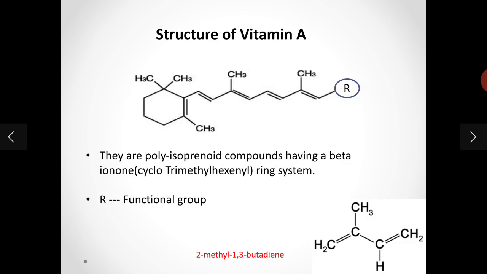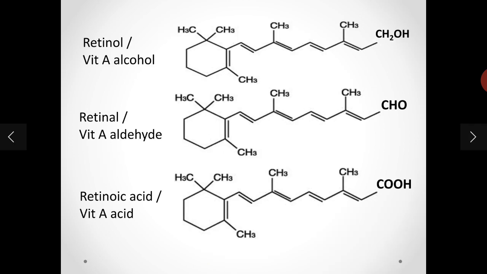So this is the general structure of your vitamin A, which has a ring system along with the long polyisoprenoid carbon chain, and R indicates the functional group. So depending on the R group, they are named. We'll see. So these are the three different forms of your vitamin A. Just to understand, I'm showing these structures, no need to worry.